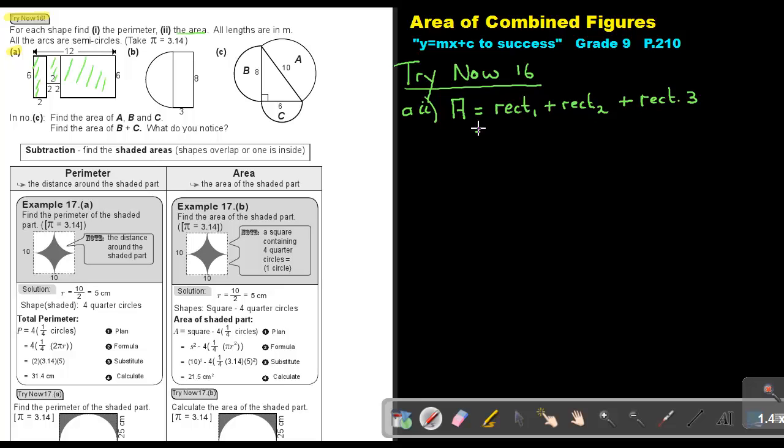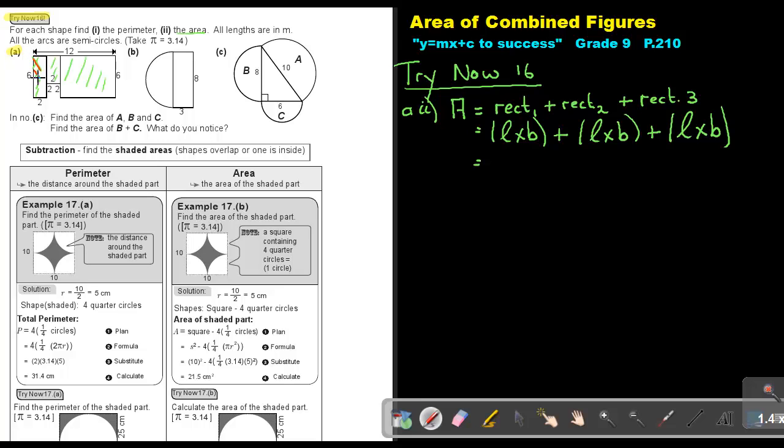So basically, this is going to be length times breadth, plus this is length times breadth, plus this one is length times breadth.